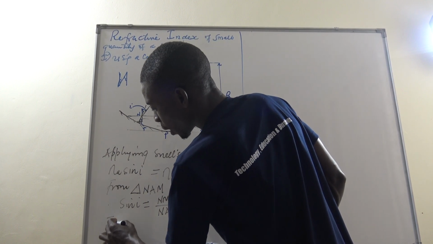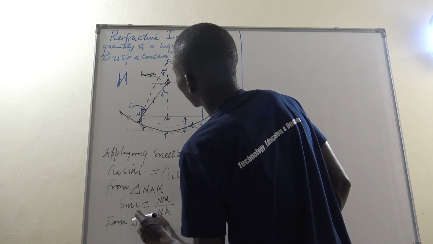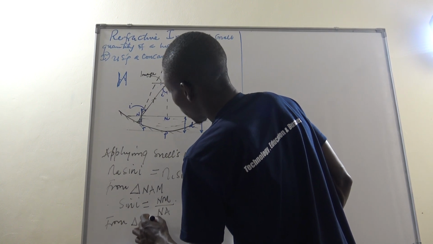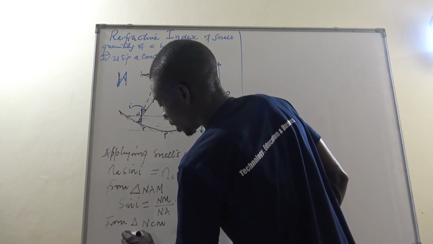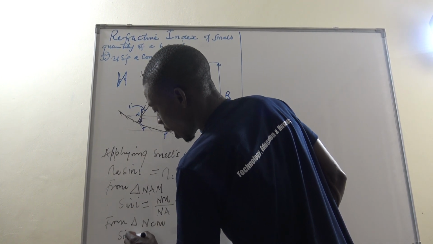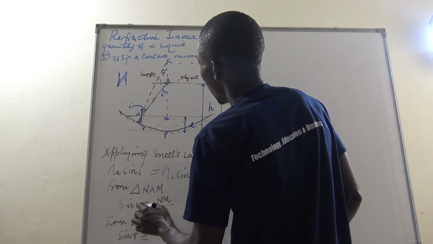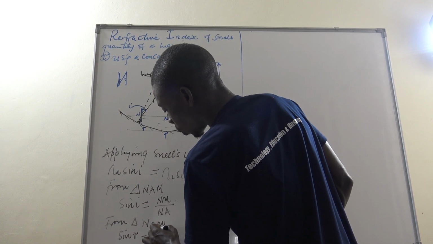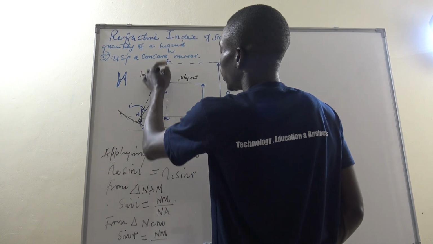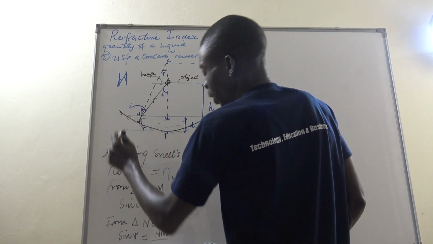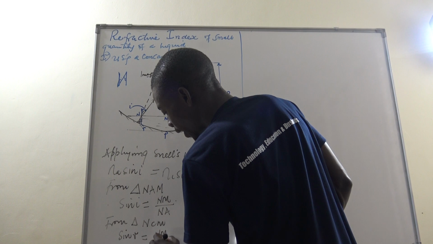And then from triangle NMC, sine of R equaling, from this triangle here, opposite over hypotenuse, NC.